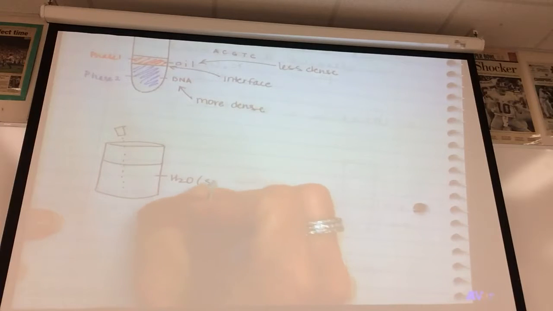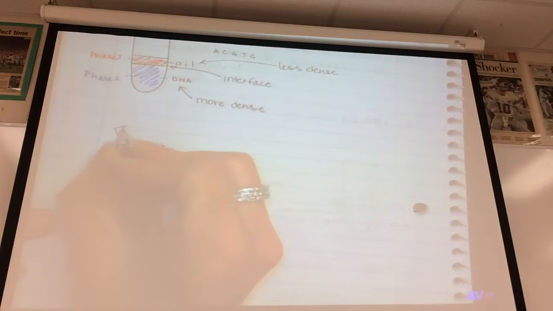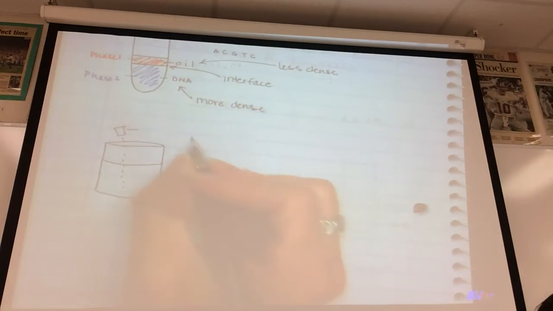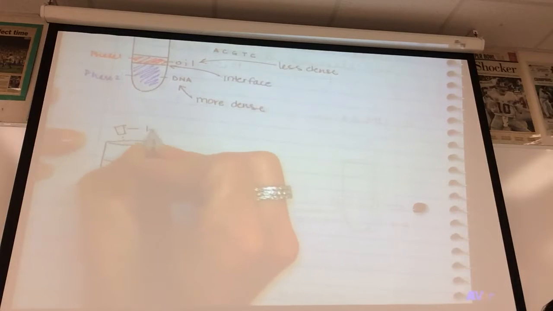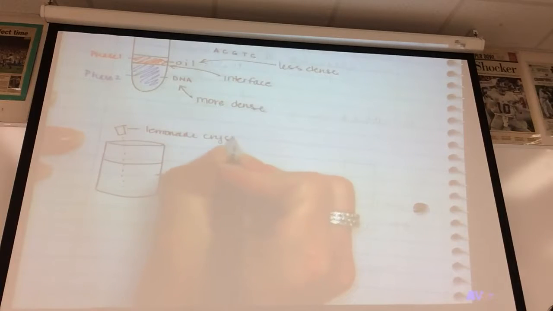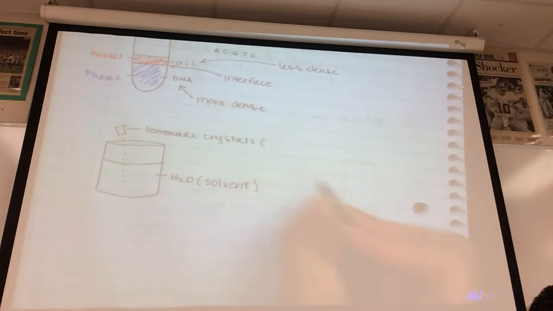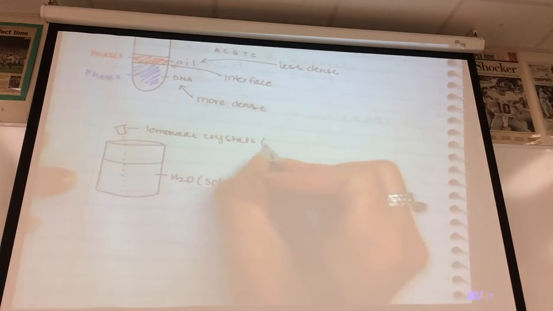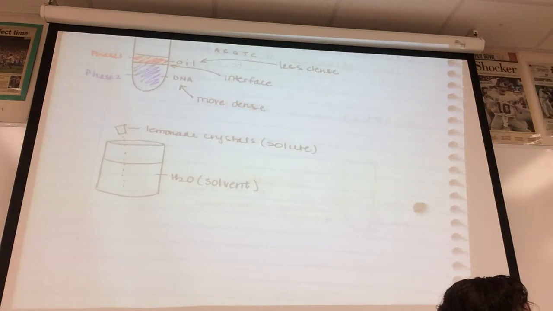Well, water is the solvent. It does the dissolving, and the little packet of lemonade crystal would be what? Julia, okay, the solute. You are correct. The solute. Very good. So the solute gets dissolved and the solvent does the dissolving.